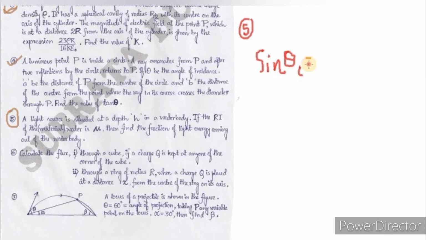Electricity is only getting out through this angle theta c into the air, up to this angle theta c.